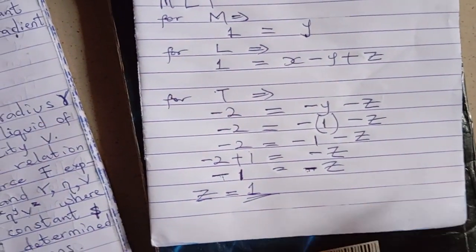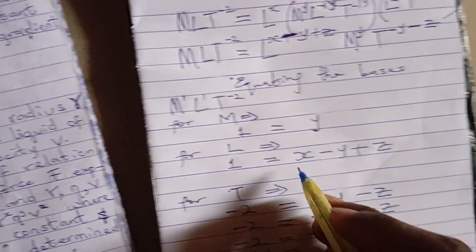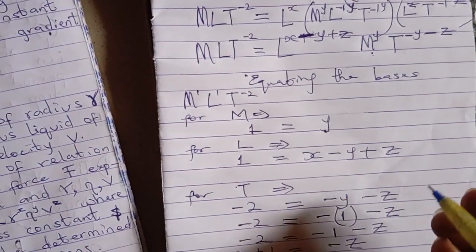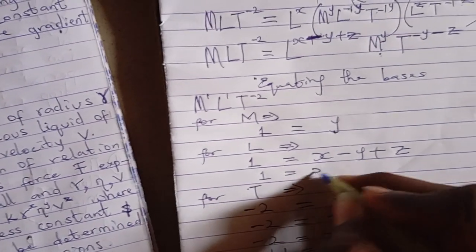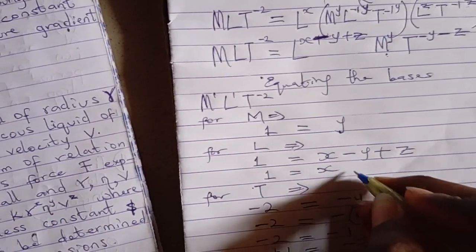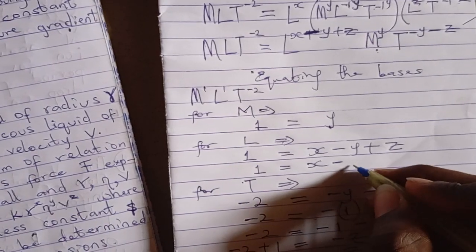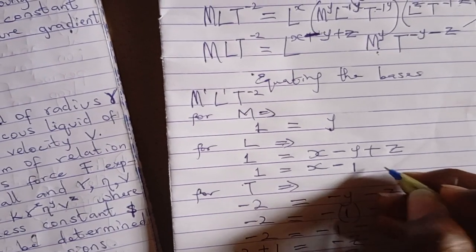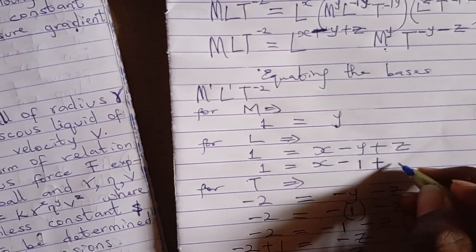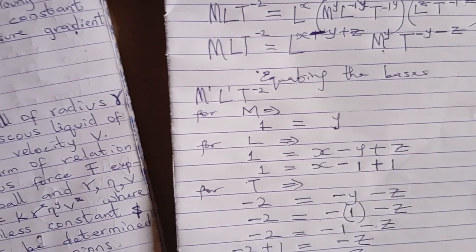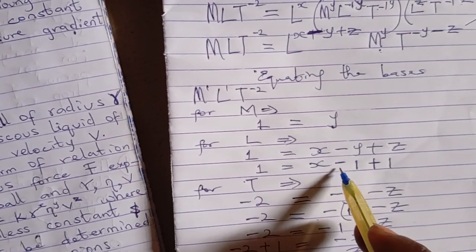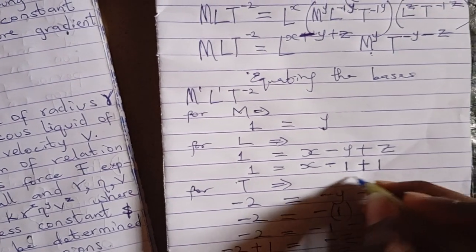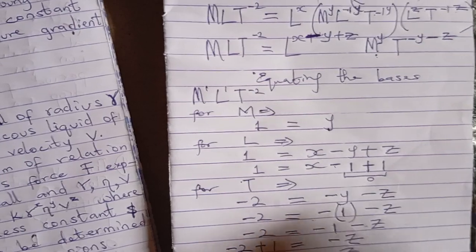So since we've gotten z to be equal to 1, we can go back here for L. Remember that we have 1 here. So we have x minus y is 1 plus z is 1. So we simply have x is going to be minus 1 plus 1. Everything here is 0.